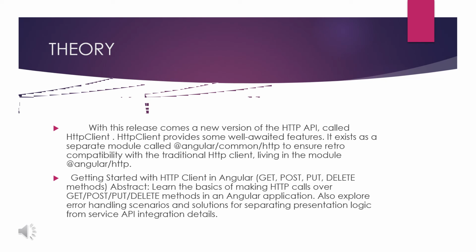And HTTP client is separately rewritten in this common module. We have a separate module for this, and we can use observables to make use of it. Or we can also use async await or simple promises to utilize it.